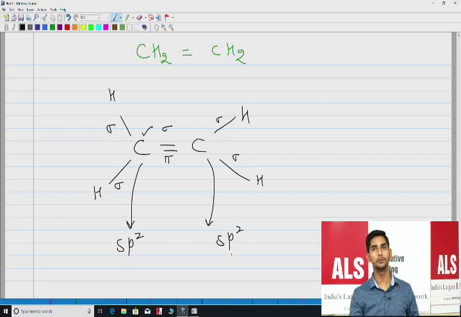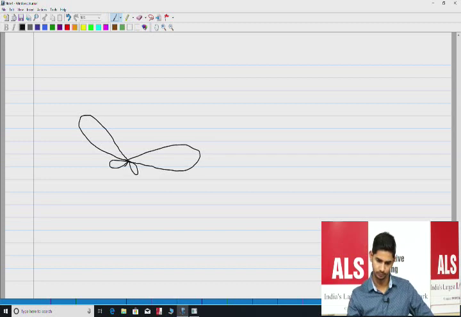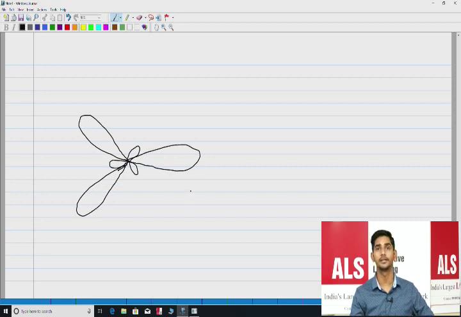And I hope so that you know how, in case of sp2, we can place the atomic orbitals. So I'm doing the same. See? This is the left hand side of the carbon, sp2.